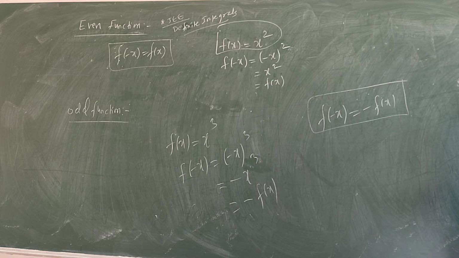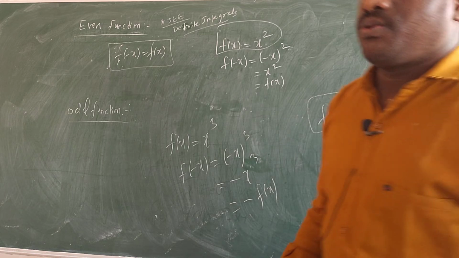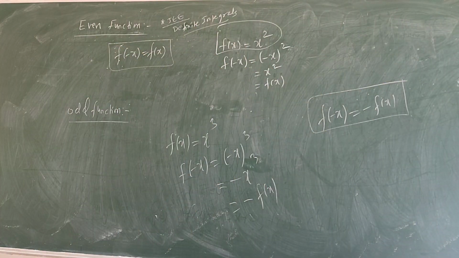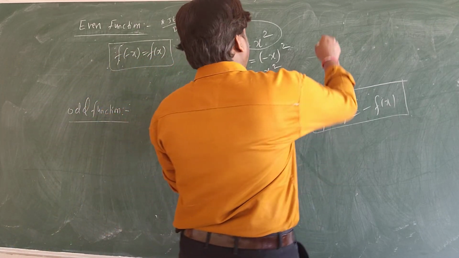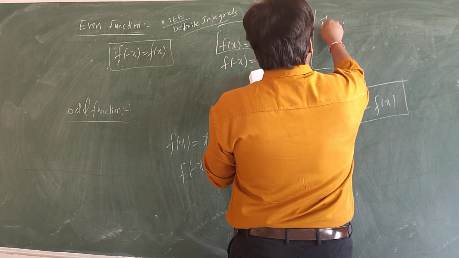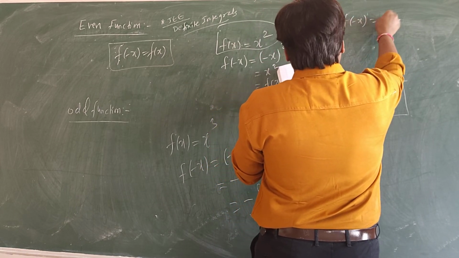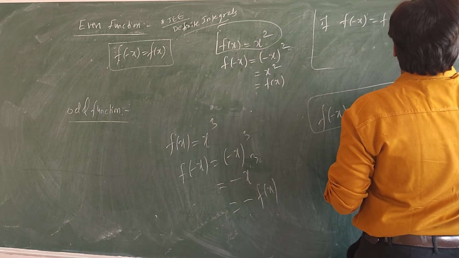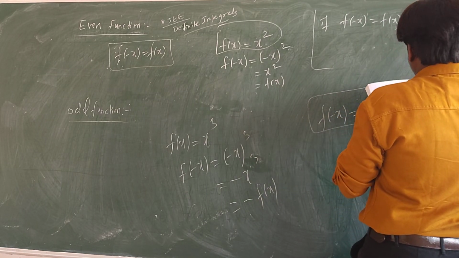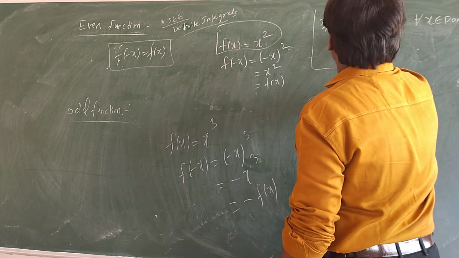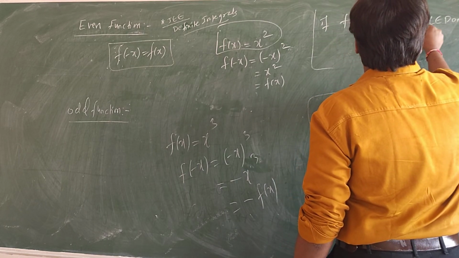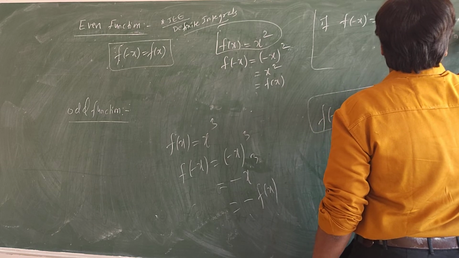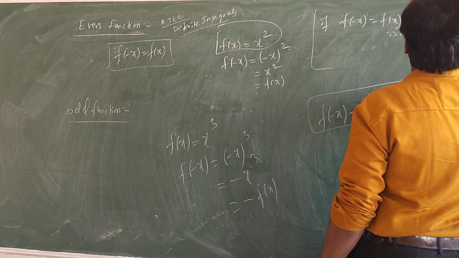Do you understand what is an odd function, what is an even function? Now I'll tell you the definition, you note down. Write down. If f of minus x is equal to f of x for all x belonging to the domain, it is called an even function.